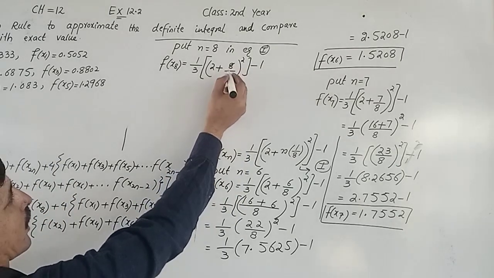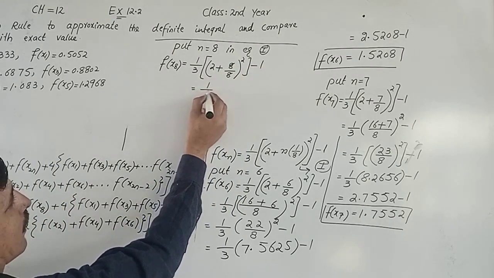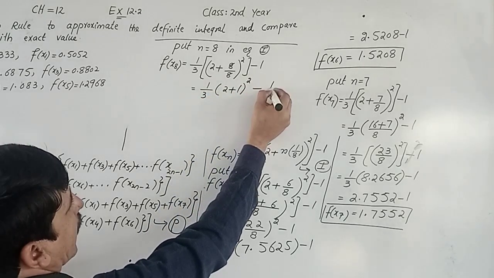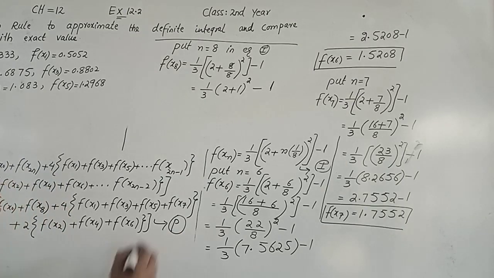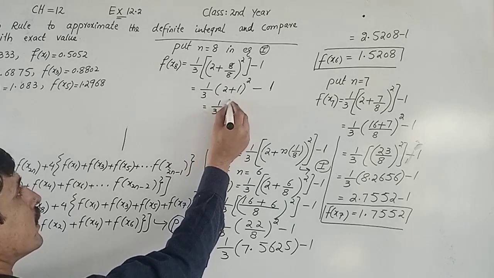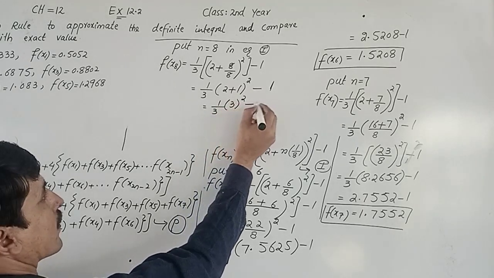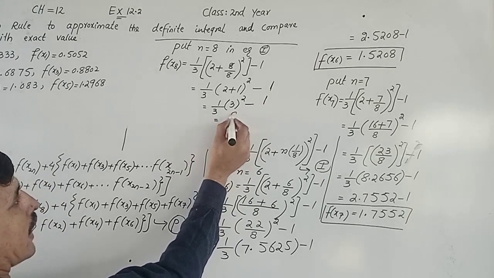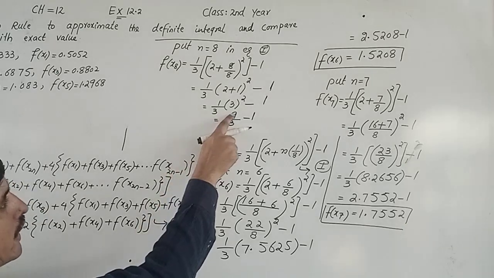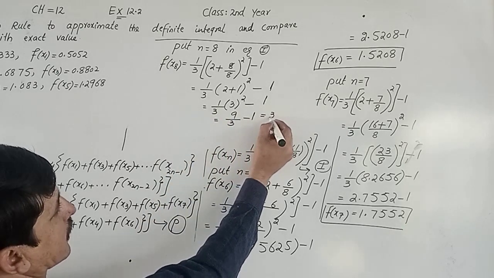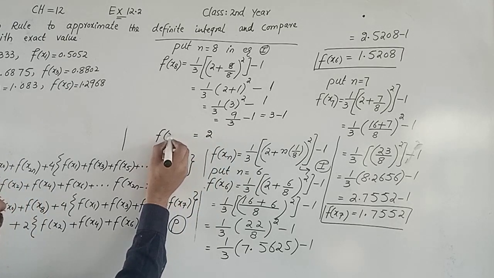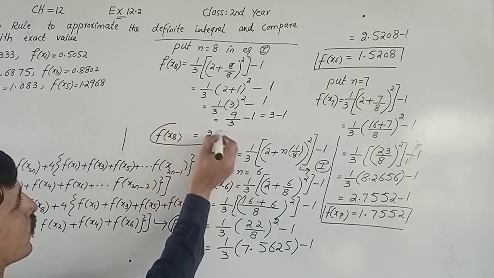The 8s cancel, so we get 2 plus 1 whole square minus 1. 2 plus 1 is 3, so 1 divided by 3 into 3 square minus 1, which is 9 divided by 3 minus 1. 9 divided by 3 is 3, minus 1, which is equal to 2. So f of x8 is equal to 2.